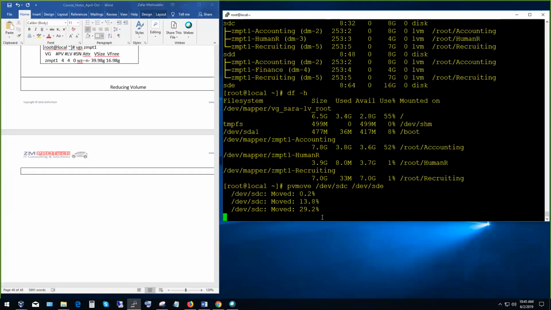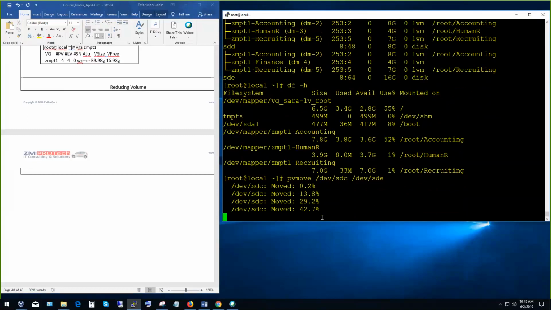This is what you guys have been getting paid for. Once you get a good knack of these commands, it's going to be a piece of cake for you. Easy commands.